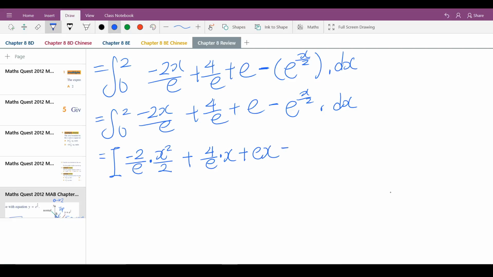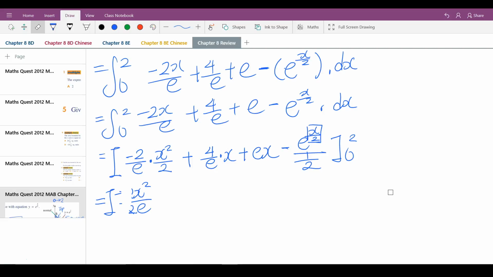Minus. This one is e to the power of x over 2. That doesn't change, divided by the derivative of that, which is 1/2, from 0 to 2. Let's tidy things up a bit. So it becomes this, and the 2 can cancel.